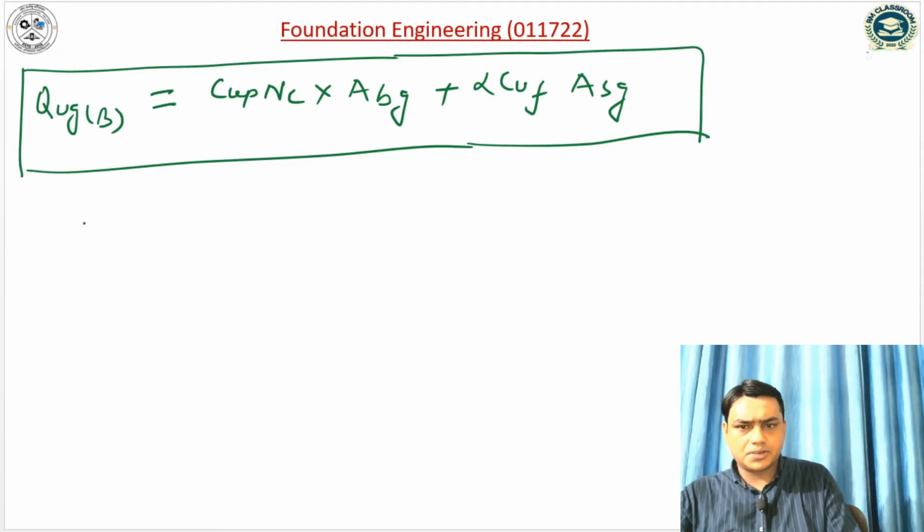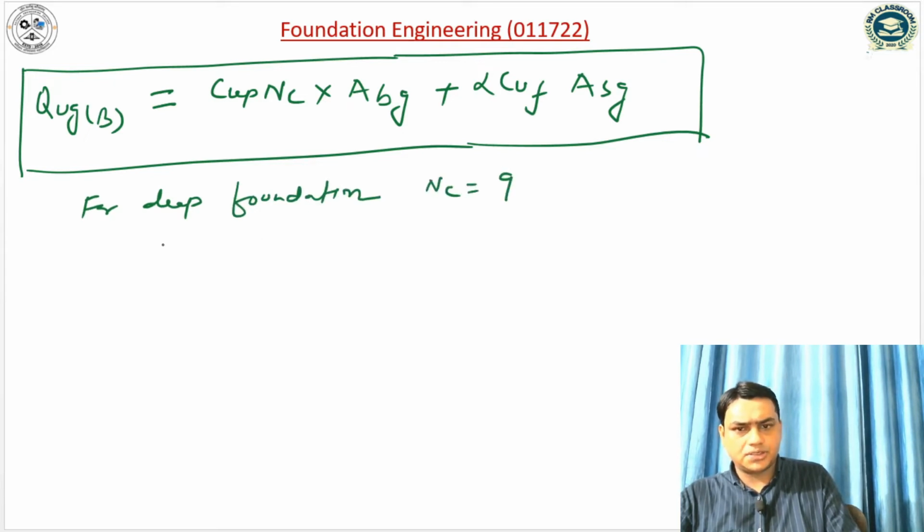For deep foundation, NC is equal to 9 generally.